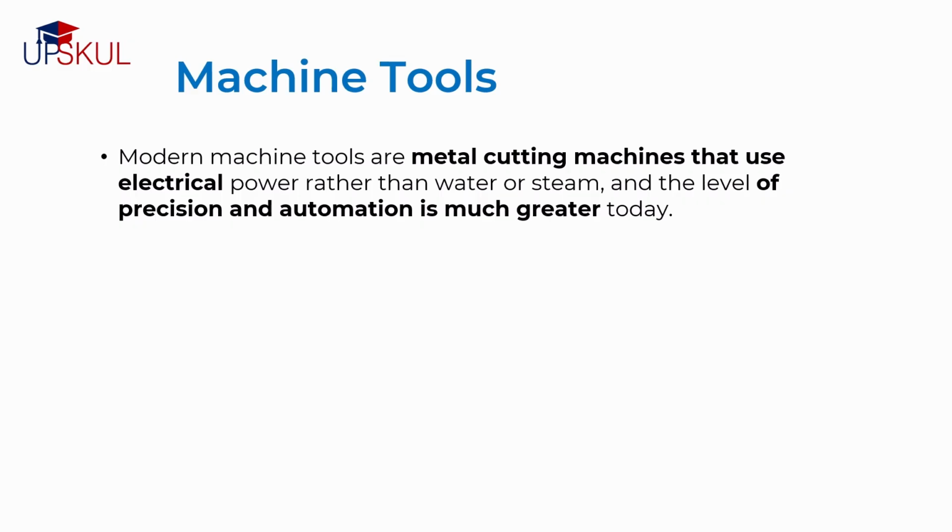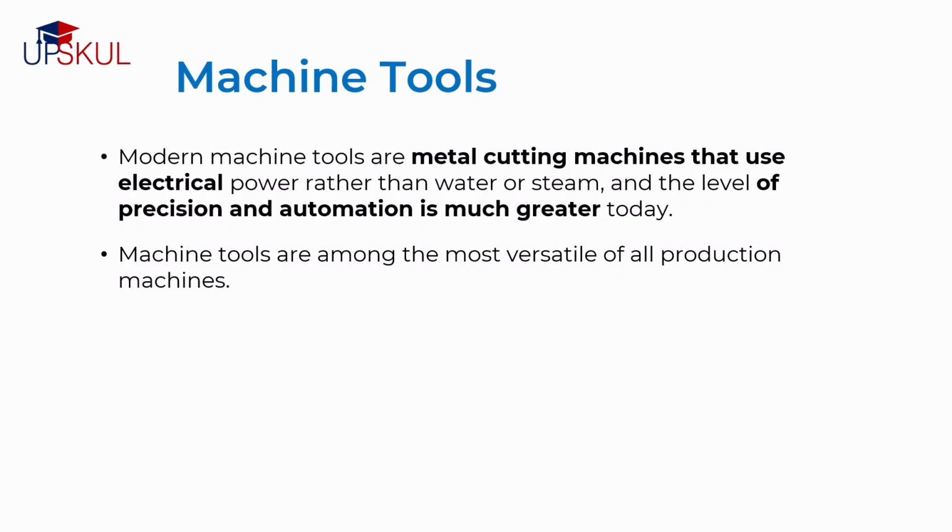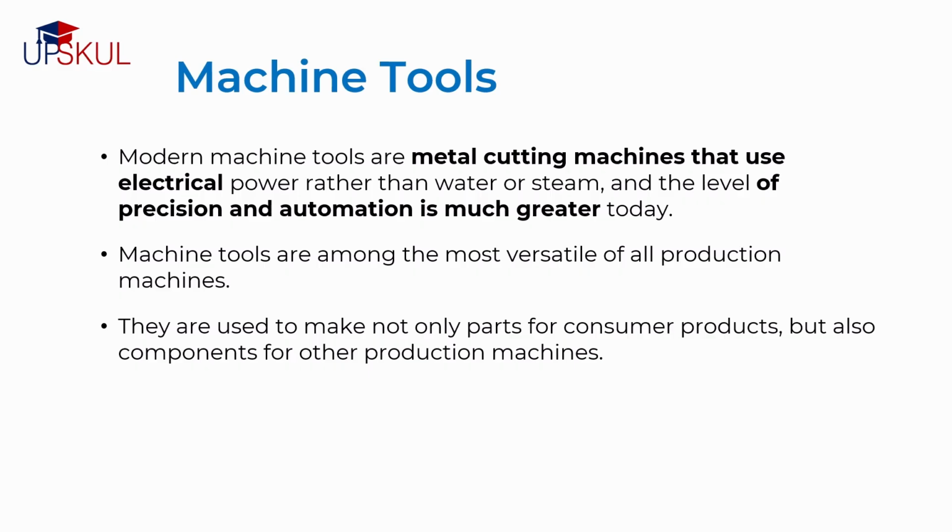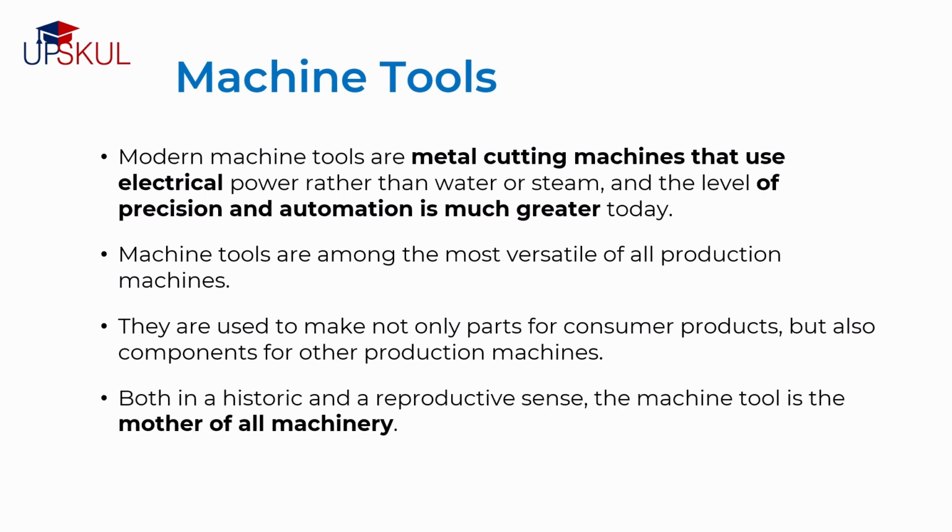Machine tools are among the most versatile of all production machines. They are used to make not only parts for consumer products but also components for other production machines. Both in a historic and reproductive sense, the machine tool is the mother of all machinery.